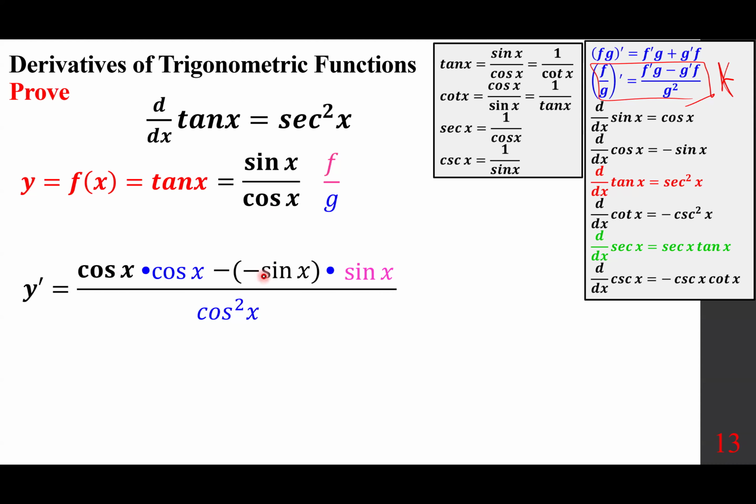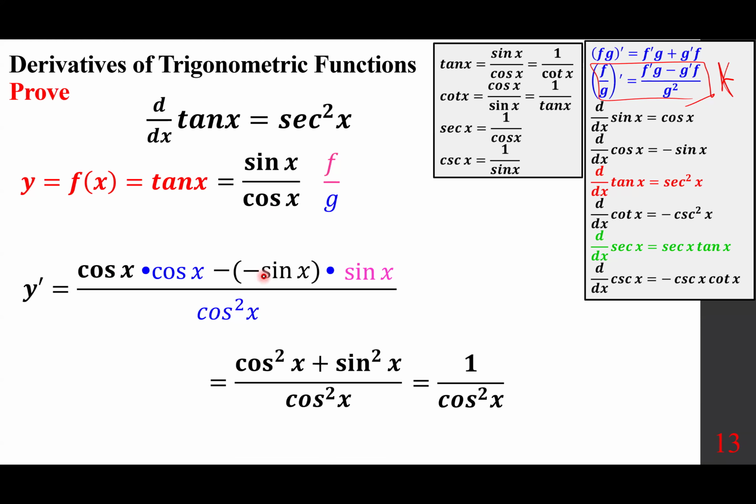So this is cosine squared plus sine squared, everybody, which means it's 1 over cosine squared. If 1 over cosine is secant, then 1 over cosine squared must be secant squared. So we proved the derivative d dx of tan x is secant squared x.